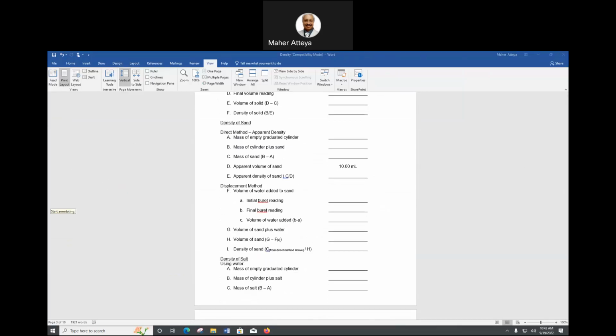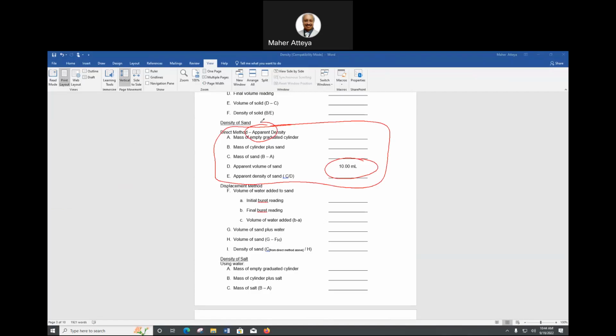We weigh this one empty, correct? And then we fill it with sand, 10 mils. The difference of the masses is the mass of the sand. You divide by 10. This is all about the direct method. So you assume this 10, right? And this is called apparent density, not true density, because the volume is not exact.